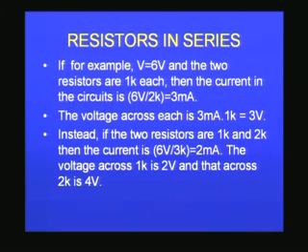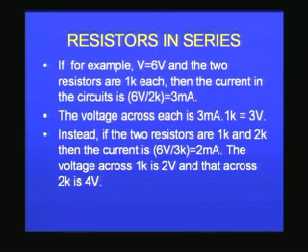Now if I do not have equal resistances, for example one resistance is 1000 ohms and the other resistance is 2000 ohms, then you would find the total voltage will also divide proportional to the resistors. That means across the 1000 ohms there will be less voltage, across the 2000 ohms there will be more voltage.